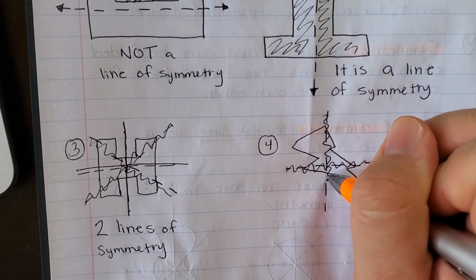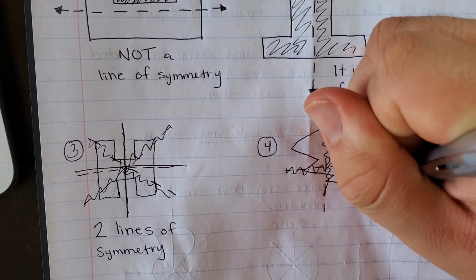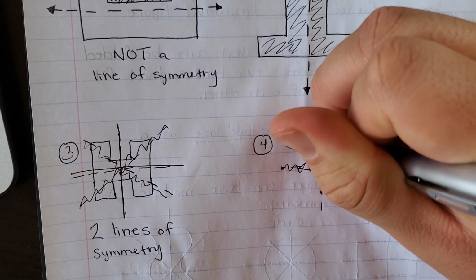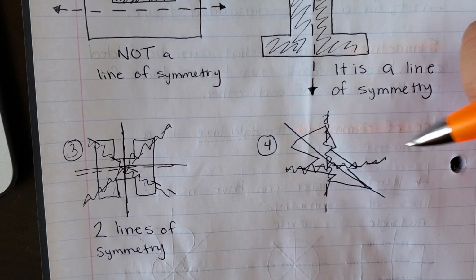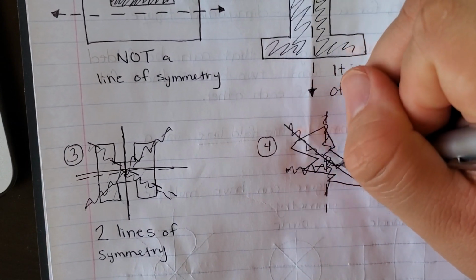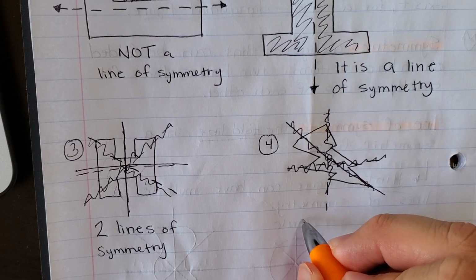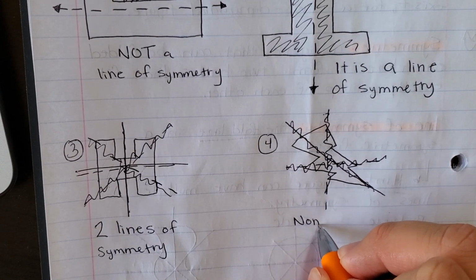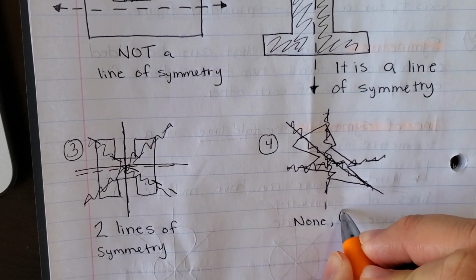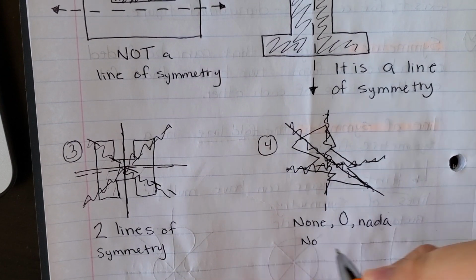No. Well, let's try going through the lightning bolt, just through this line right here, diagonal, like that. Will it be exactly the same? No, you can tell that this part is bigger than this side. So this line doesn't work. Well, by the looks of it, this figure has none. Zero. No lines of symmetry.